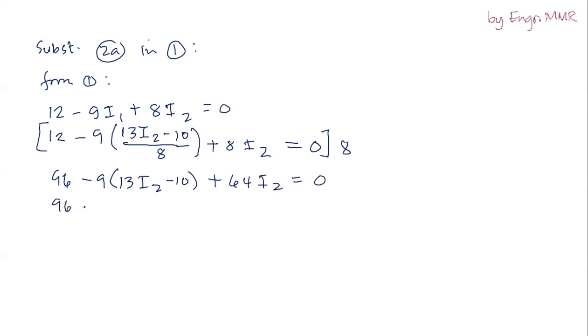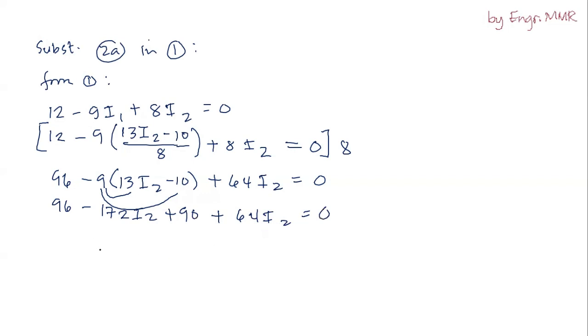Then simplifying the equation, let's distribute inside the parentheses. So we come up with 96 minus 117 I2, minus times negative 10, so it becomes plus 90, plus 64 I2 equals 0.